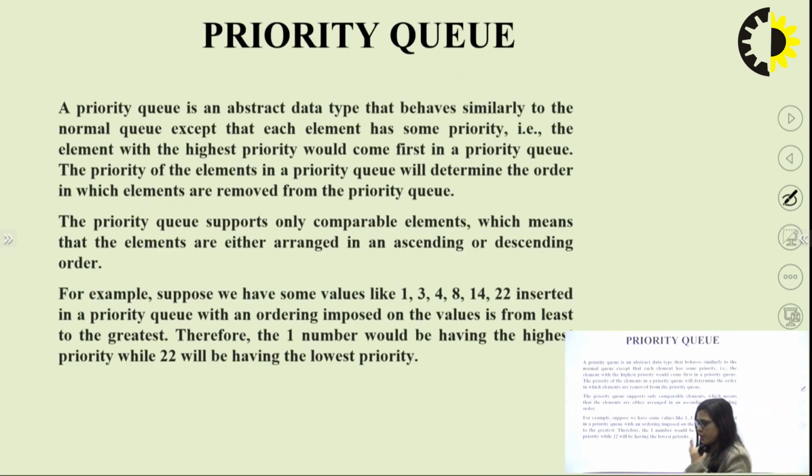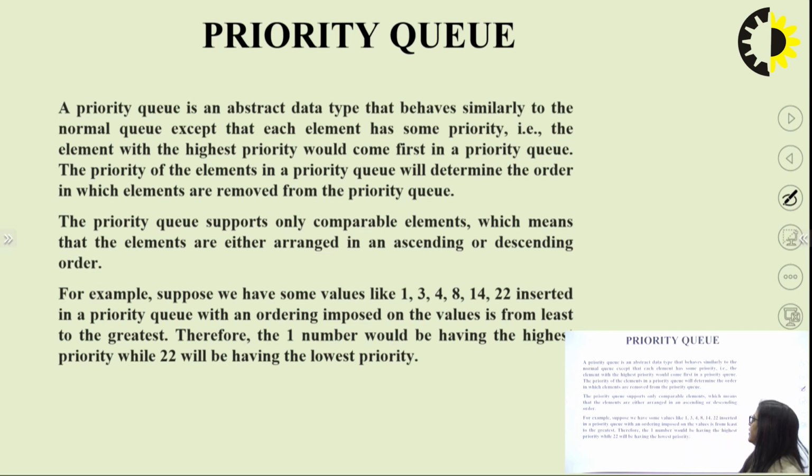Now the next topic is the priority queue. What is a priority queue? A priority queue is also an abstract data type. It behaves just like a normal queue, except each element has some priority. For example, the element with the highest priority comes first in the priority queue, and the element with the lowest priority comes later. So a priority queue supports only comparable elements, which means the elements are arranged in ascending or descending order.